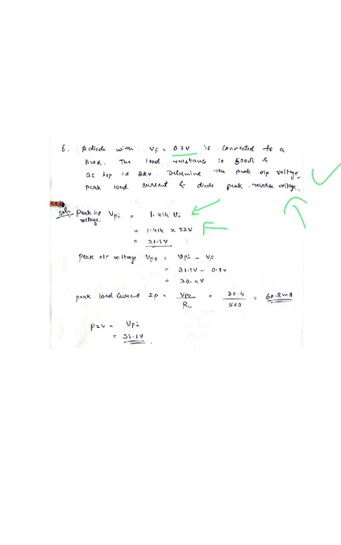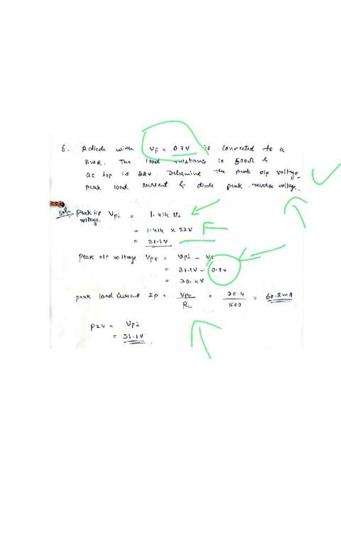Substitute it, multiply the value, you will get 31.1 volt. So peak output voltage is given by VPI minus VF. VF is 0.7 volts, it is for a silicon. Substitute it, you will get the answer as 30.4 volts.